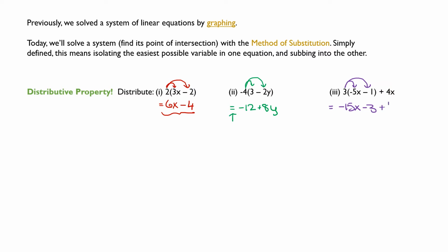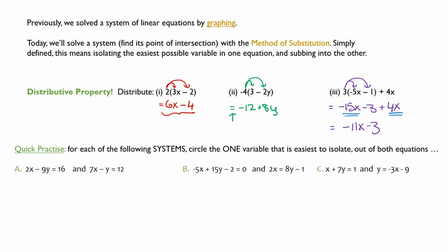That plus 4x is on its own. Now we can look for like terms. The negative 15x and the positive 4x are like terms. So you have negative 15x's, you add 4 more x's. How many x's have you got? You've got negative 11x minus 3. So that's distributive property. Now we'll do some quick practice for what we want to talk about today.